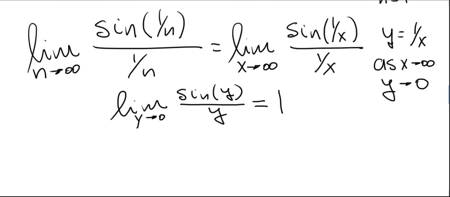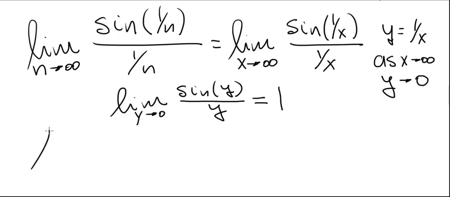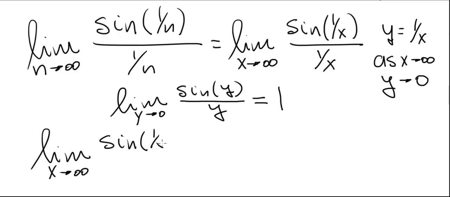Now we can derive this another way. We look at the limit as x approaches infinity of sine of 1 over x divided by 1 over x, and as x goes to infinity, sine 1 over x goes to 0 and 1 over x goes to 0. So we have this indeterminate form, 0 over 0.